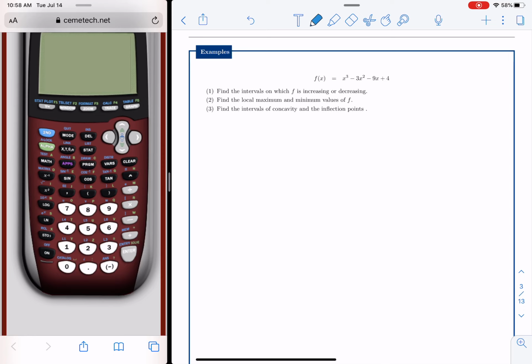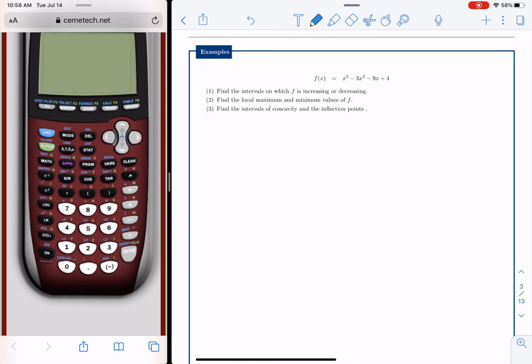So here we have a function. It is a cubic polynomial, and we have to determine if the function is increasing or decreasing. We have to find the local maximum and minimum values. We have to find the intervals of concavity and the inflection points.